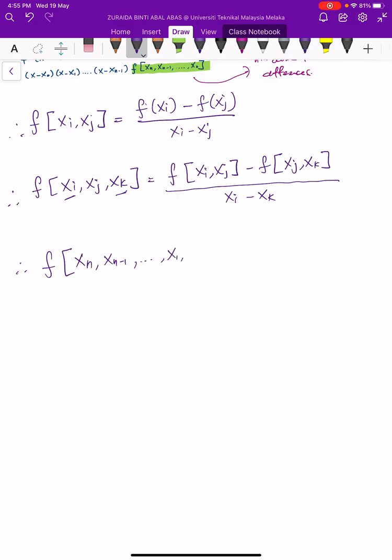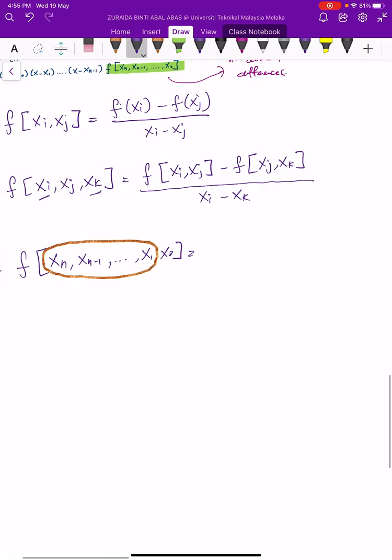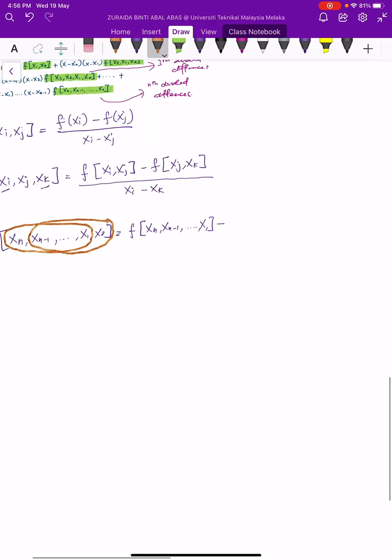Then it's a combination of the first group, the divided difference between xn, x(n-1) until x1, minus the second group, which is this one here, f of x(n-1), x(n-2), and it will go to x0.